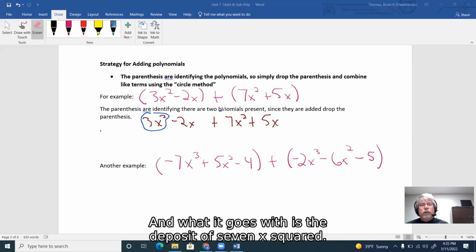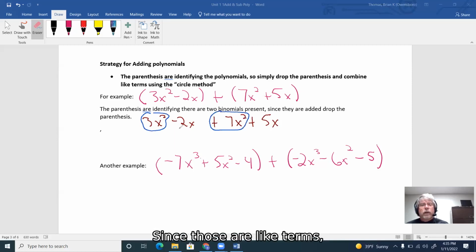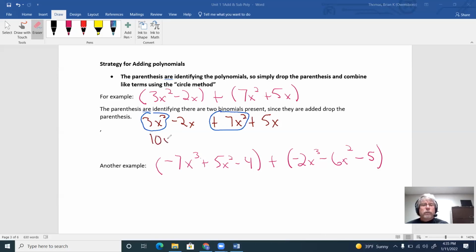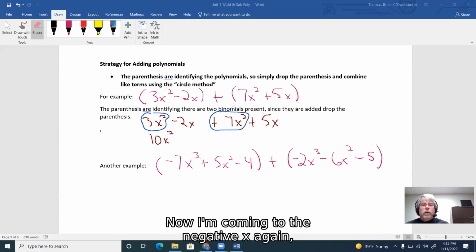And what it goes with is the positive 7x squared. And since those are like terms, we now can bring down our 10x squared. Now I'm coming to the negative 2x. Again, you don't have to use circles. You can use boxes or rectangles as well.